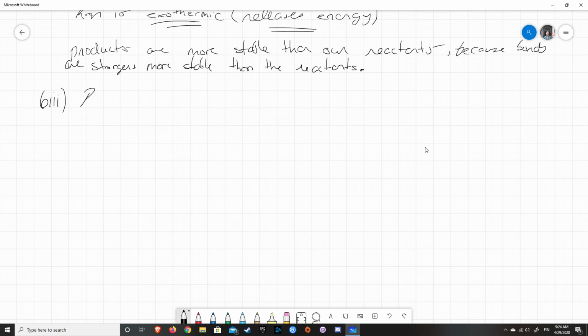Predict how the enthalpy change of but-2-ene would compare to that of but-1-ene, based on bond enthalpies. Based only on bond enthalpies.